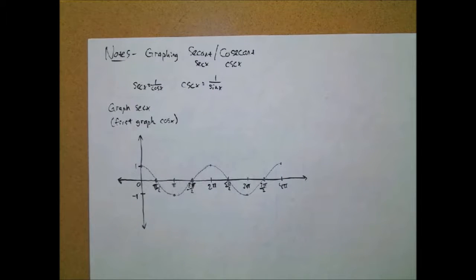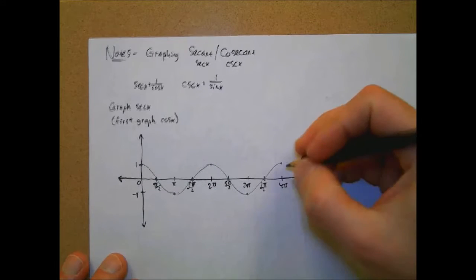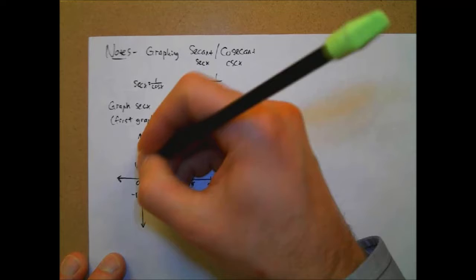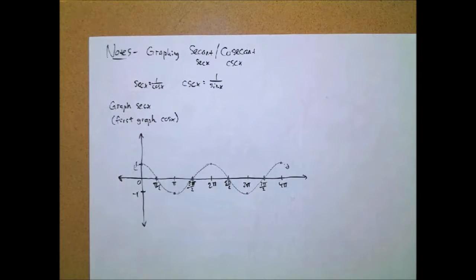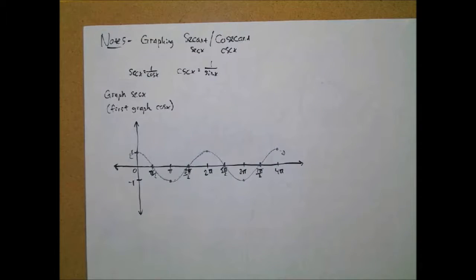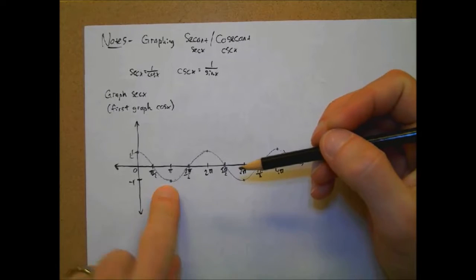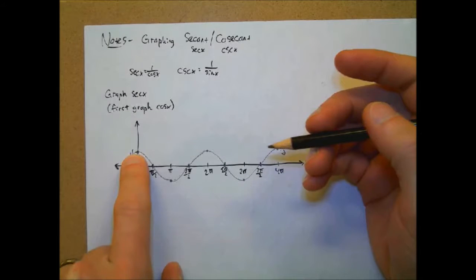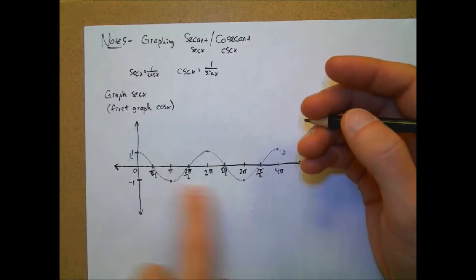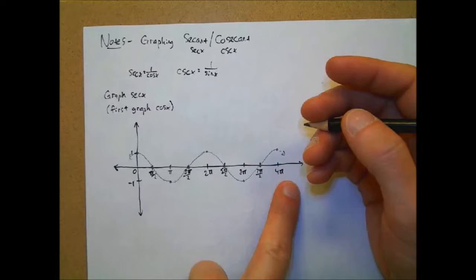Okay, so now let's think about what kind of points we're going to have here. When it comes to graphing cosine, we focus on the highs, the lows, and the zeros. So the maximums, relative maximums, relative minimums, and then also the zeros too. And that's basically what we're going to need for secant as well.